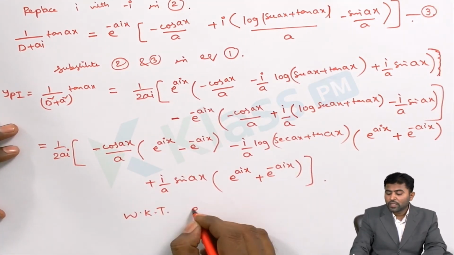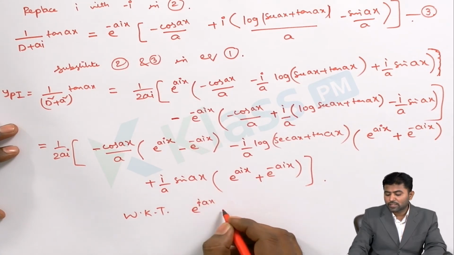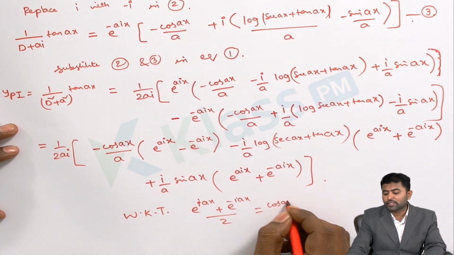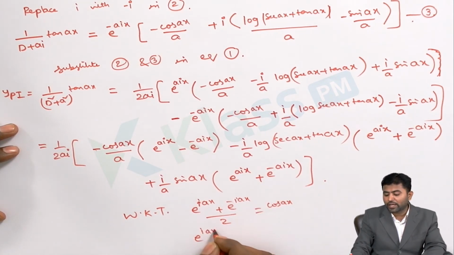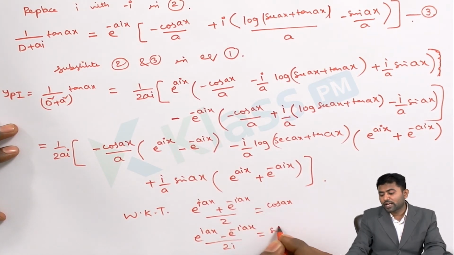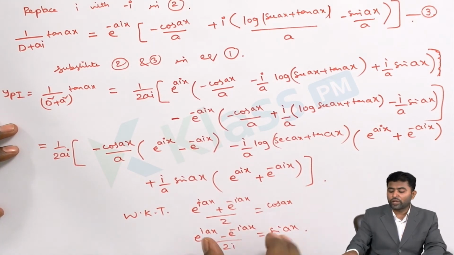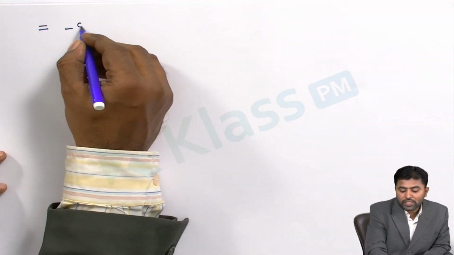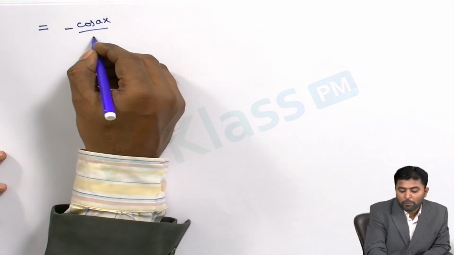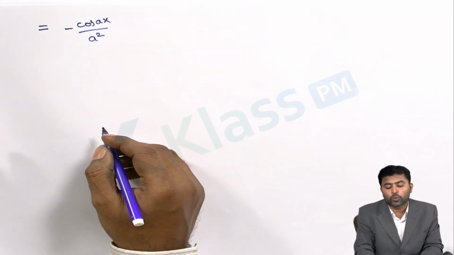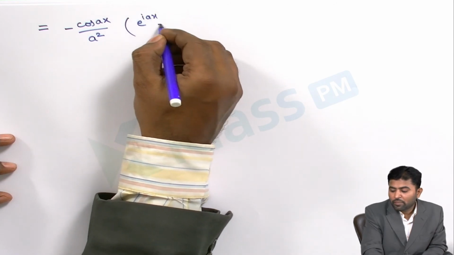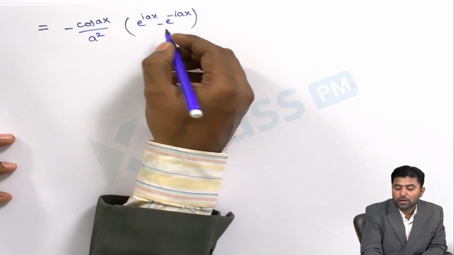And we know that e power iax plus e power minus iax by 2 is cos ax, and e power iax minus e power minus iax by 2i is sin ax. So we'll replace these two in the above, then we get minus cos ax by a square. I'm taking that 2i inside, so I'll get e power iax minus e power minus iax by 2i.